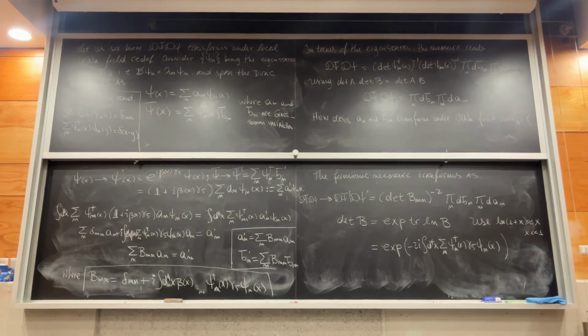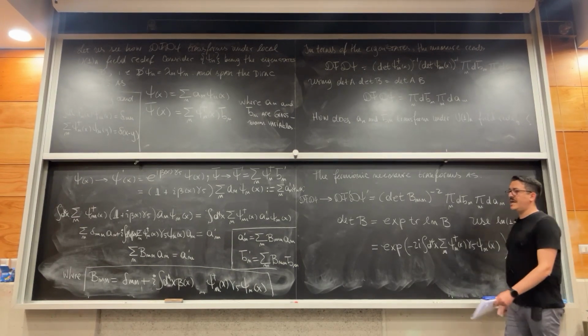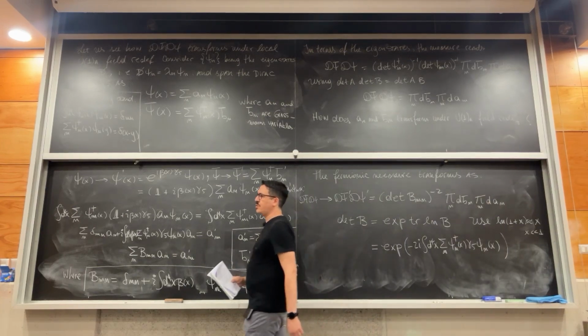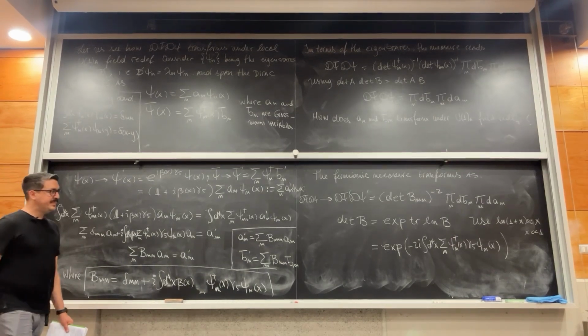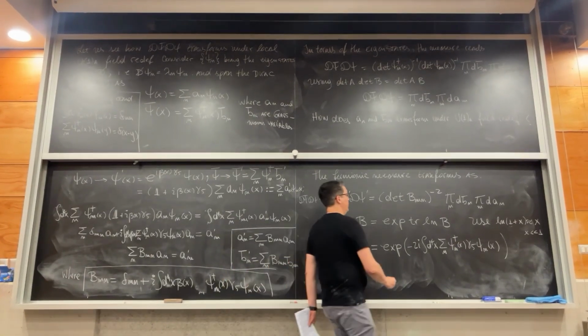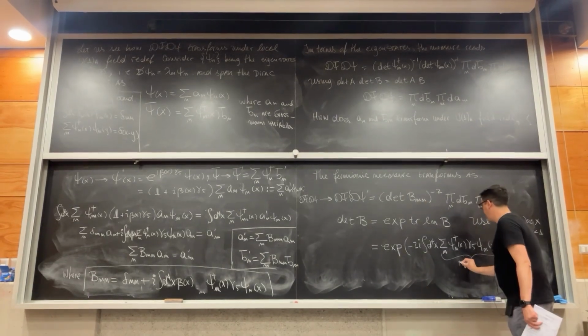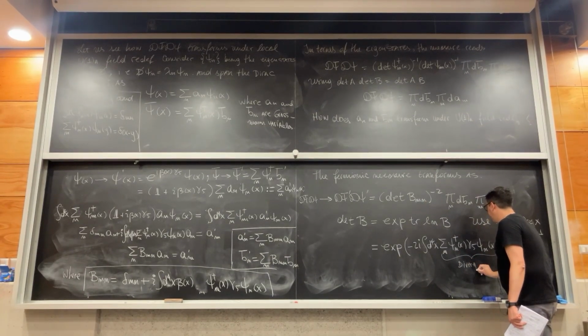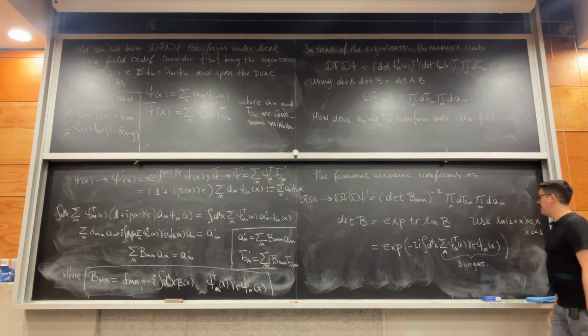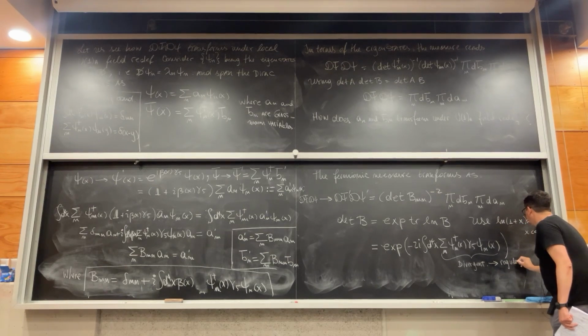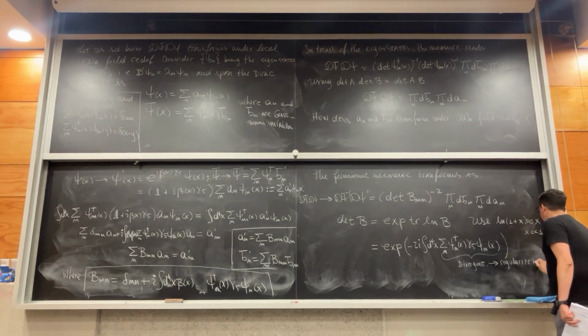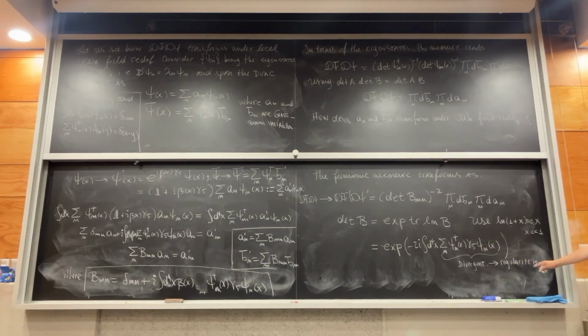What Fujikawa did is to introduce a regulator, and he removed it at the end of the computation. It was a gauge invariant regulator because it was constructed out of the eigenvalues of the Dirac operator. So this is divergent, and you need to regularize it. You can check my notes for how to do that part.